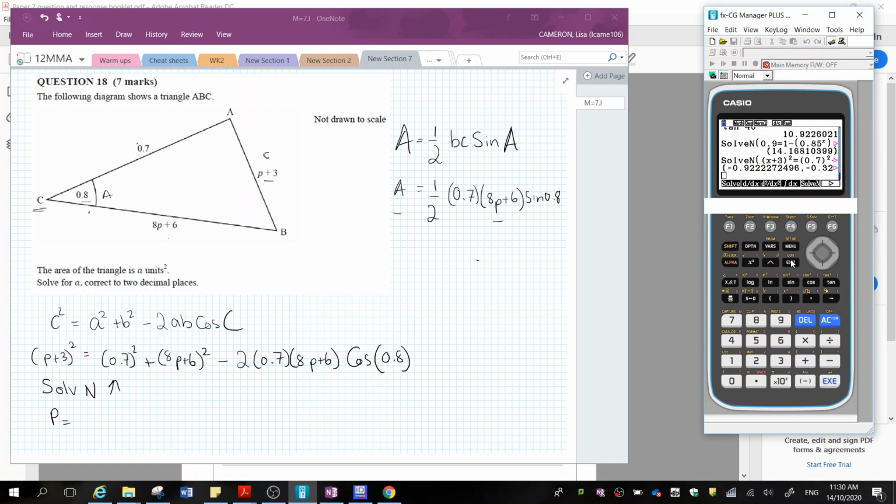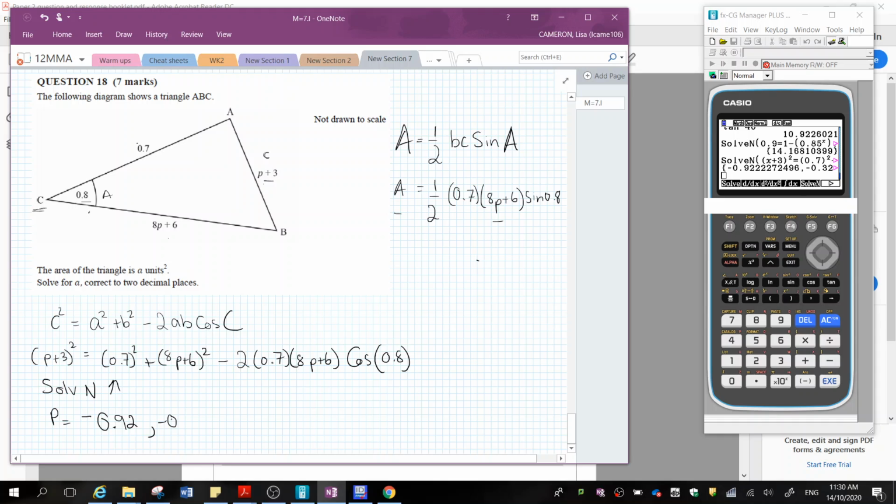Okay, so that tells us that our solutions for p are either negative 0.92, I'm only going to go to 2 decimal places for this, or 0.3, and we'll have to check the rounding, 0.33. Okay, so I've got 2 different values for p.